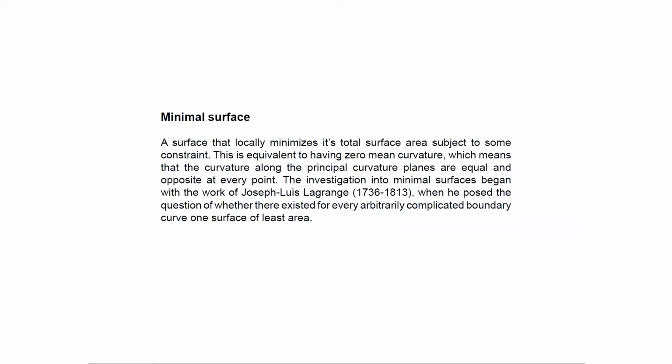And then with dynamic relaxation, we can numerically calculate minimal surfaces. It's a very verbose definition: a surface that locally minimizes its surface area subject to some constraint. So it's a surface that is trying to have the least area.